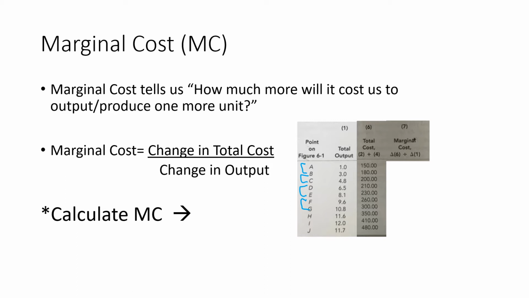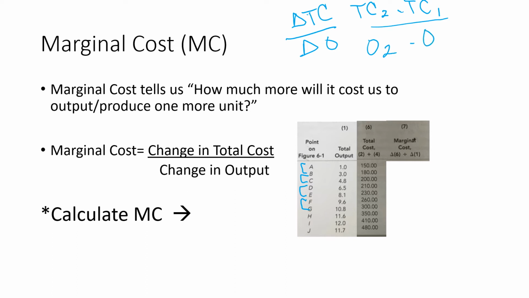It's just going to be the change in total cost, this triangle represents change, divided by the change in output. And a change in total cost is total cost 2 minus total cost 1, divided by output 2 minus output 1.